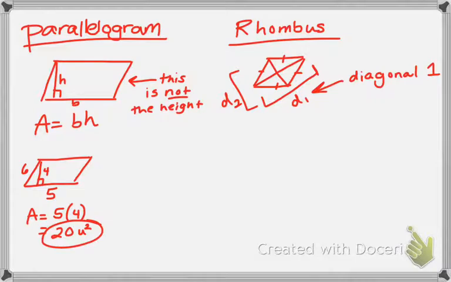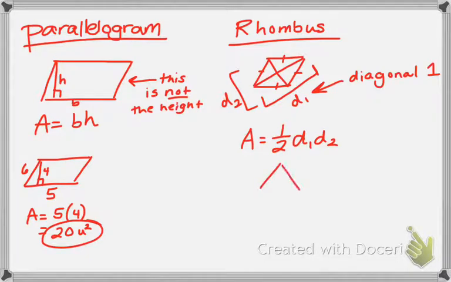If you're given the length of the diagonals, to find the area you can take 1/2 the product of your two diagonals. So 1/2 diagonal 1 times diagonal 2, which is how your homework is going to be.